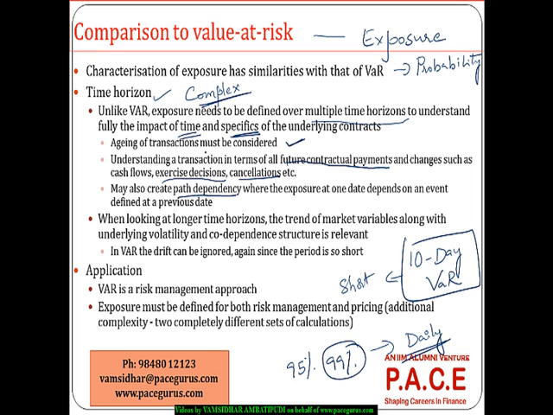Right? So that is one major reason it becomes very, very complex in terms of pricing or finding out the exposure, rather than computation of VAR, because value at risk is a one-time computation, a single value which I am computing at one point in time. I am not taking it as a path dependent calculation.